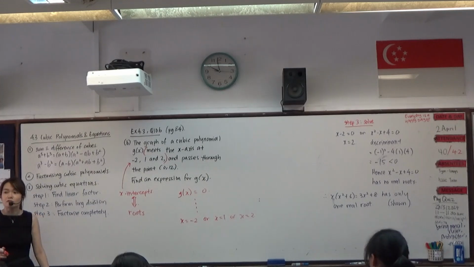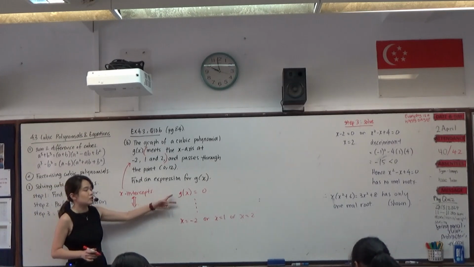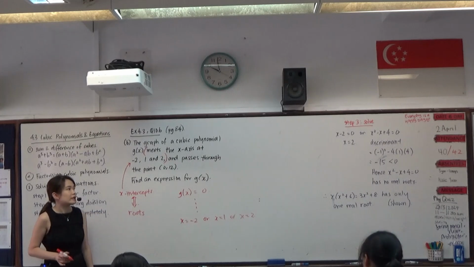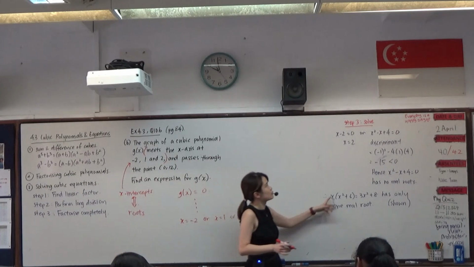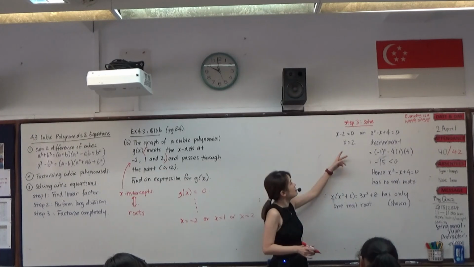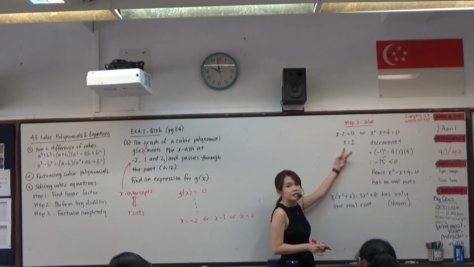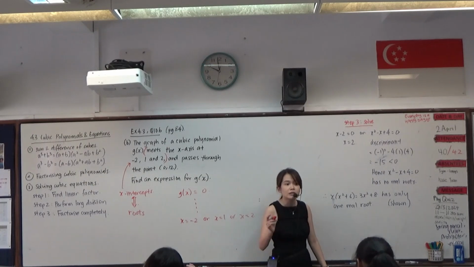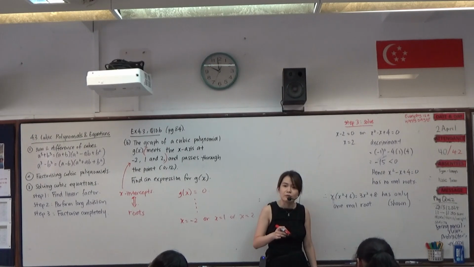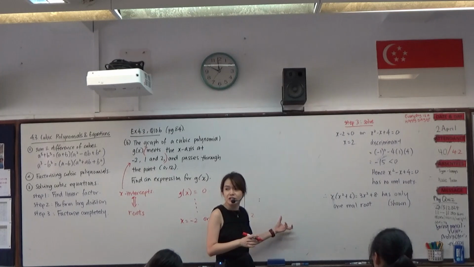This is our understanding of roots. Roots are solutions to an equation. How do we usually get this? Let's look at the reverse process of our solving. How do we get x equals 2? It is because we were solving x minus 2 equals 0. How did we get x minus 2 equals 0? Because of the factorization.